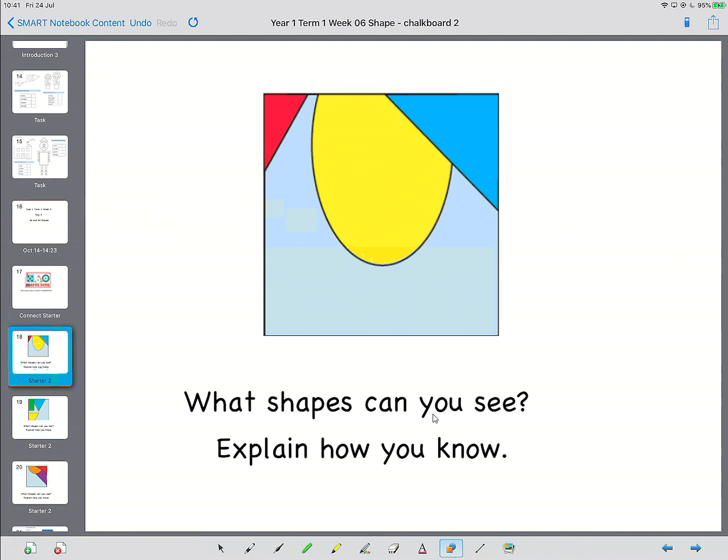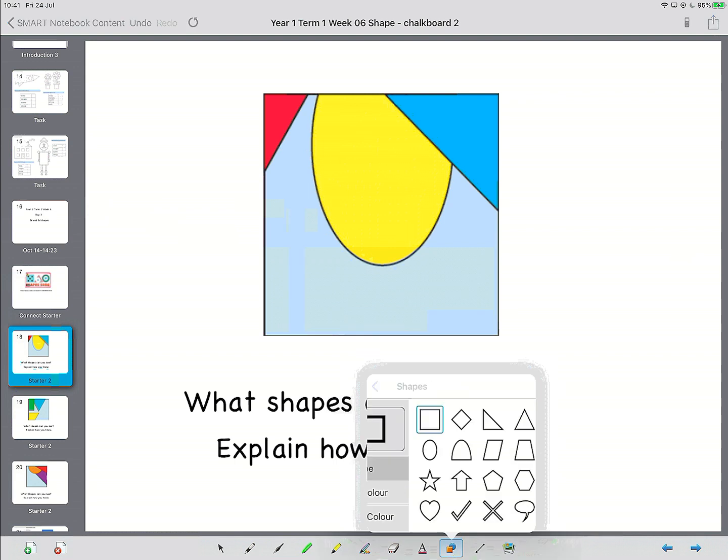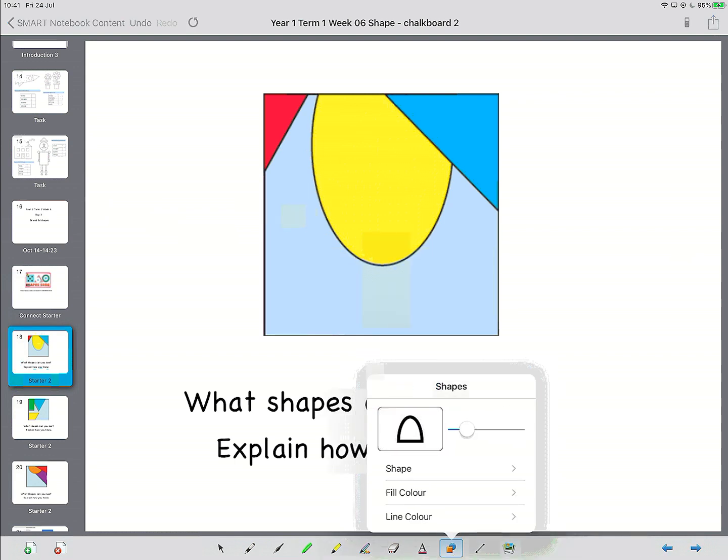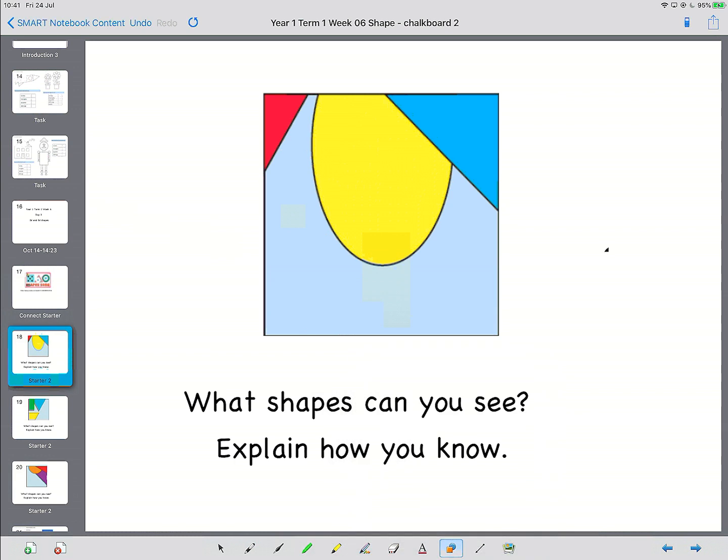Right, brilliant. So I think, personally, the shapes you've got are a semicircle, like that, which you can see is this way round, and probably two triangles.